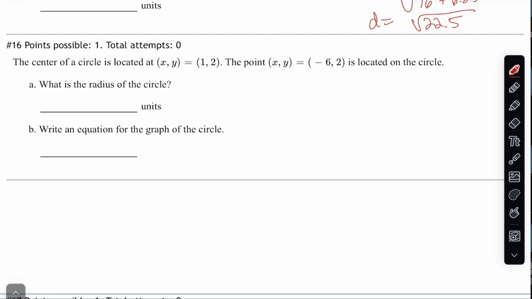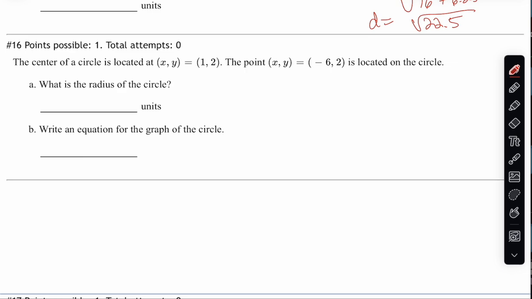17. The center of a circle is at (1, 2), and a point on the circle is located at (-6, 2). What is the radius and what is the equation of the circle? Now, the radius of a circle is the distance between any point on the circle and the center. So we're going to do exactly what we did for 15.